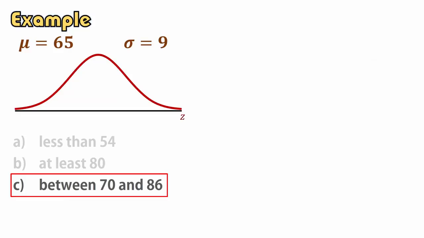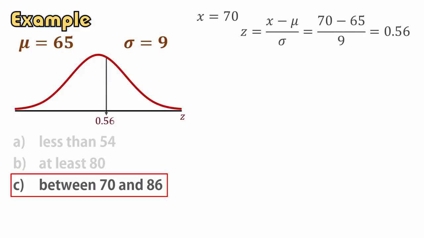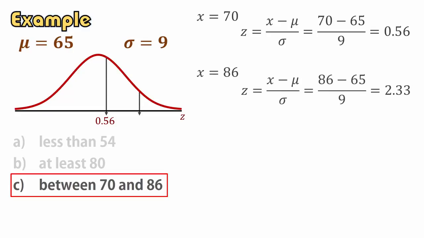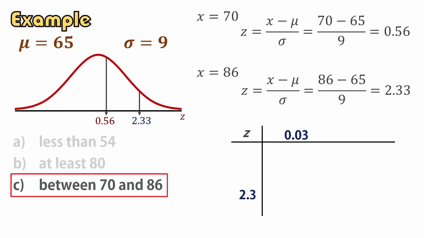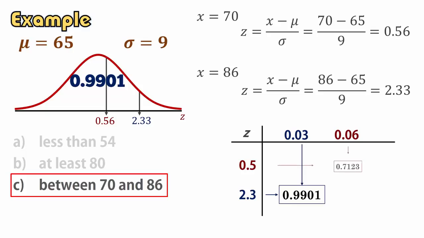In C, we want the probability that x is between 70 and 86. For x equals 70, z equals 0.56. And for x equals 86, z equals 2.33. On the table, the area less than z equals 2.33 is 0.9901, while the area less than z equals 0.56 is 0.7123. When finding the area between two z values from the cumulative less than tables, we subtract the smaller area from the larger one.